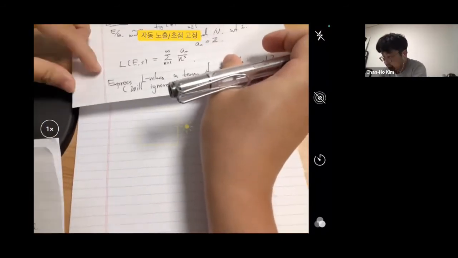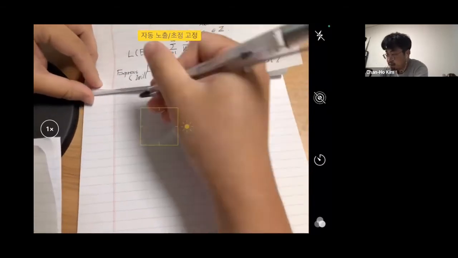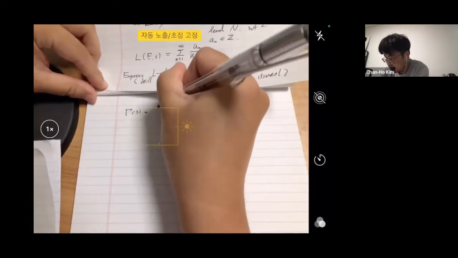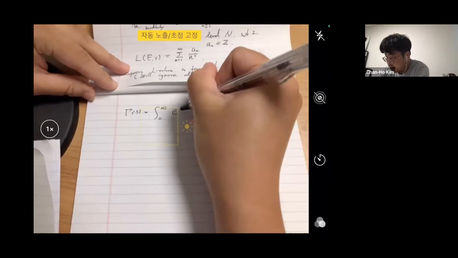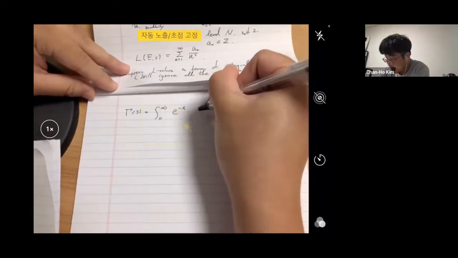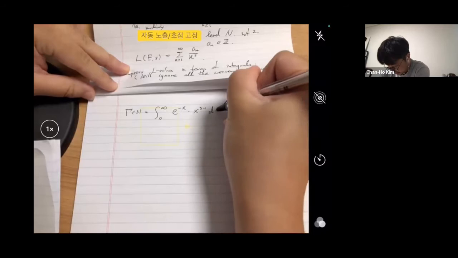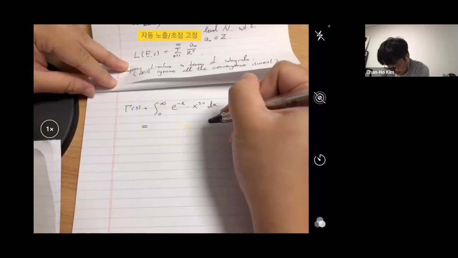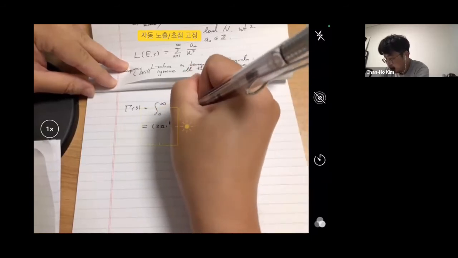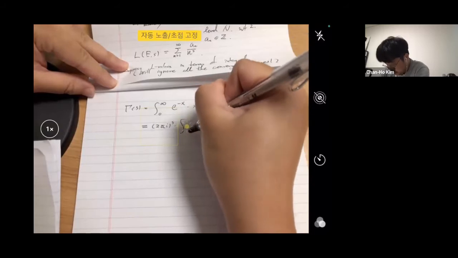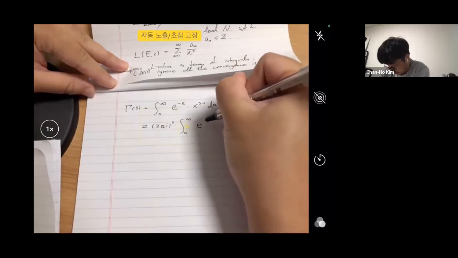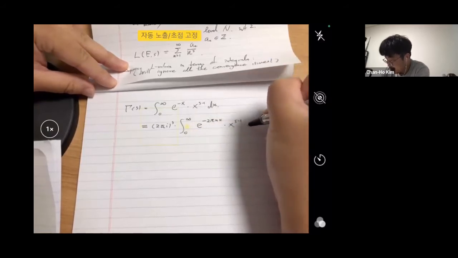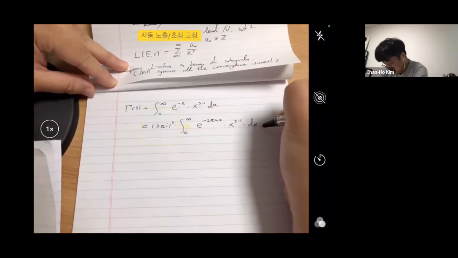Let me start with the gamma function. Let me recall it: it's the integral from 0 to infinity of e to the negative x times x to the s minus 1 dx. By change of variable, this is (2 pi n) to the s times the integral from 0 to infinity of e to the negative 2 pi n x times x to the s minus 1 dx.